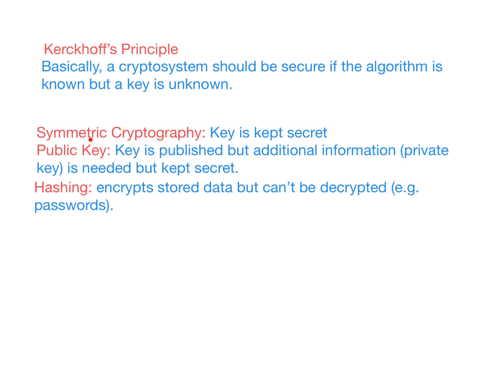So we're going to look at a few types of cryptography in this topic. Symmetric cryptography has the key kept secret. There's only one key, the same for encryption and decryption. We're also going to look at public key cryptography, which essentially has two keys. One's a public key that everyone can find. It helps you with the algorithm, but then there's a private key that is kept secret. We're also going to look at something like hashing. Now, hashing's a bit different because we do encrypt data with hashing, but we don't decrypt it.